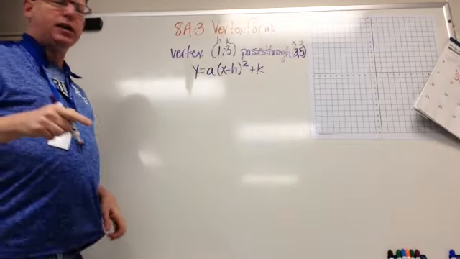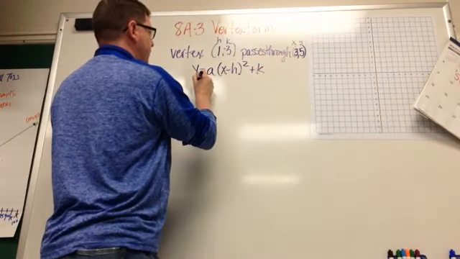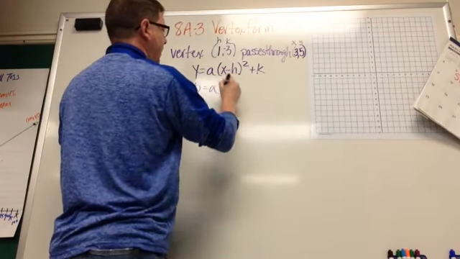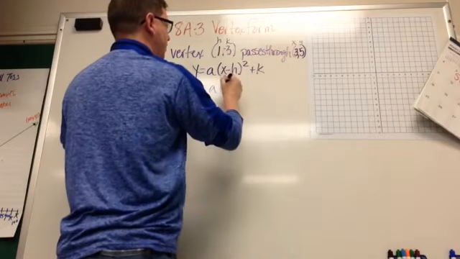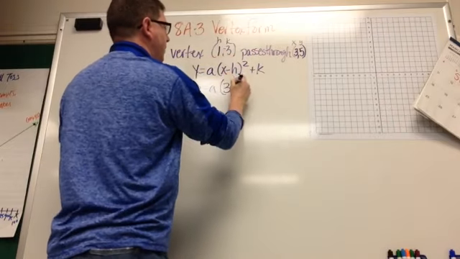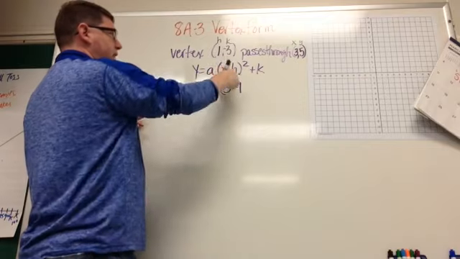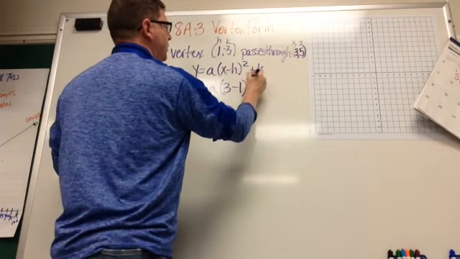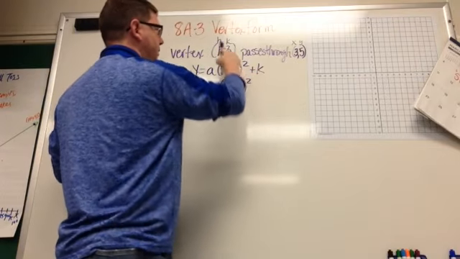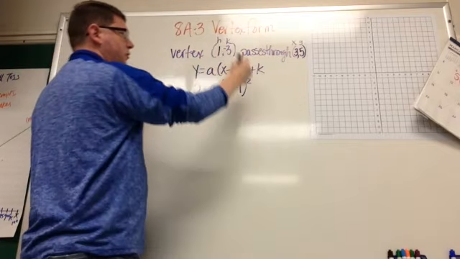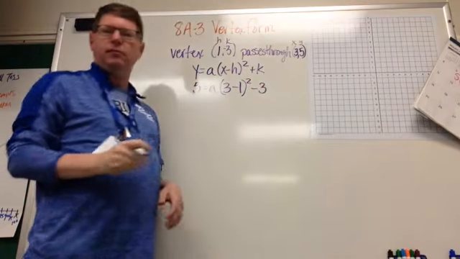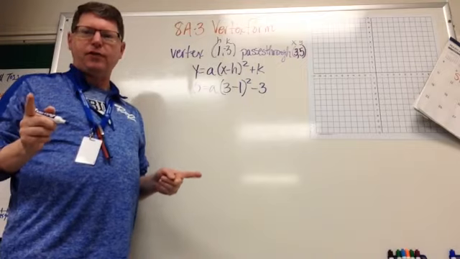Now let's plug in what we know. The y is 5. We're trying to find a. X is 3 and minus 1, because it's minus h and h is 1, so minus 1 squared. And it's plus k, but k is negative 3, so we're just going to do minus 3. Okay? With me so far?